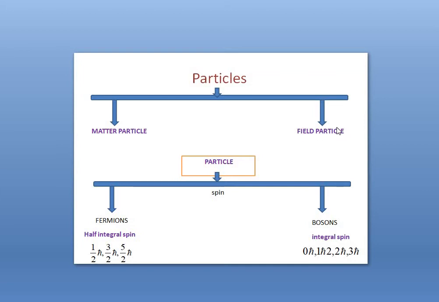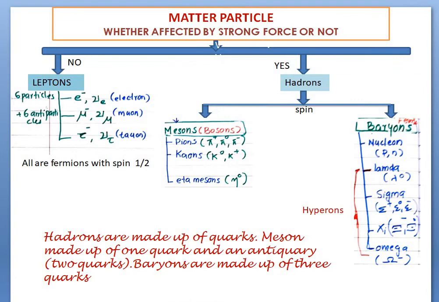We already discussed field particles. Examples of field particles are gravitons and photons, and photon has spin 1 and graviton has spin 2. Matter particles are responsible for the formation of atoms, molecules, and so on.